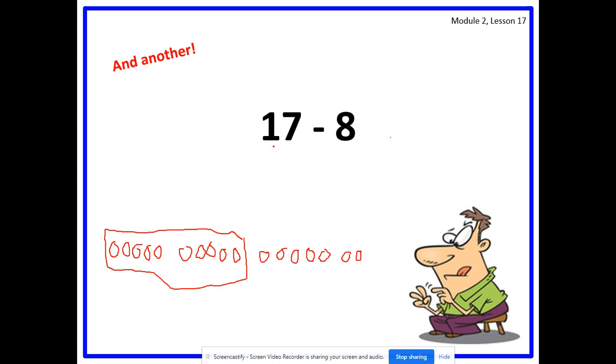Next, you should have decomposed your 17 into 2 parts to match your drawing. What 2 parts did you decompose it into? Look at your drawing. How many inside the box? How many outside? Get ready. Yes, 10 and 7.